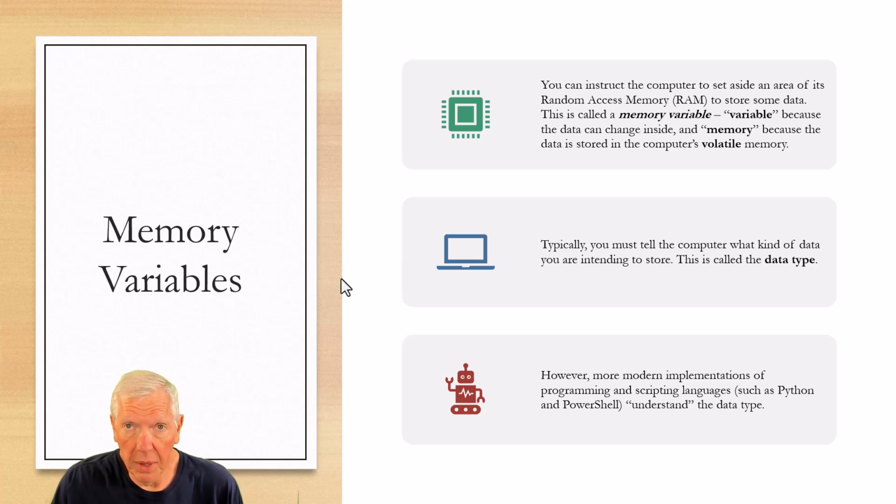So it can happen either way, and you need to know that there are two terms. Declare, which means I'm telling the computer what kind of memory variable that I have, and the initialize process where you're telling it what the variable is going to initially contain. That does not mean that the data can't change. You can change the data as the program is running.